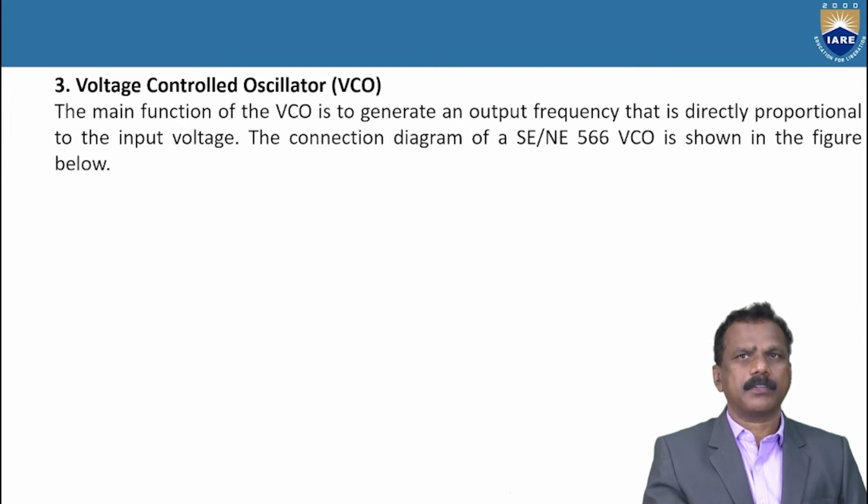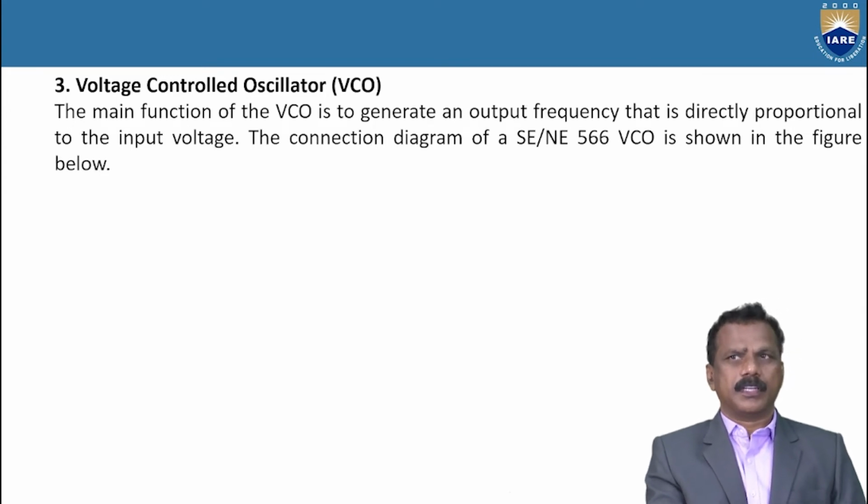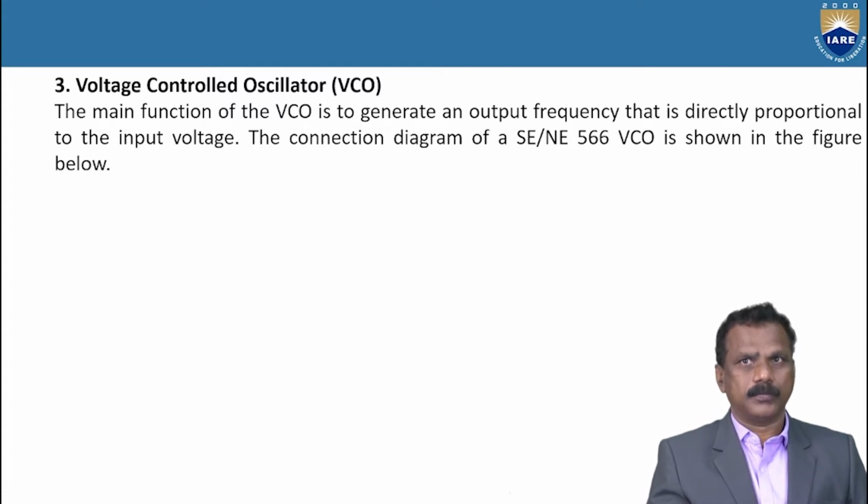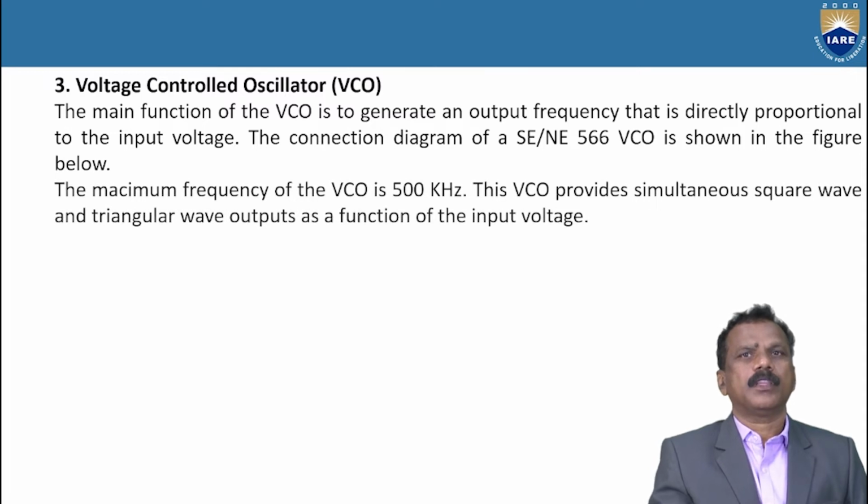Now the third block is the VCO, the voltage controlled oscillator. The main function of the VCO is to generate an output frequency that is directly proportional to the input voltage. The connection diagram of the SE/NE566 VCO is shown in the figure below. The maximum frequency of the VCO is 500 kHz.